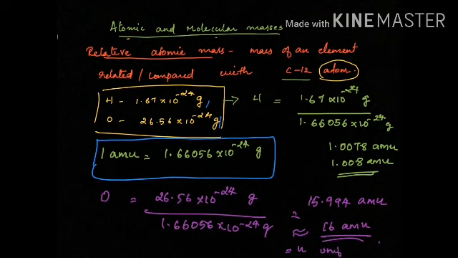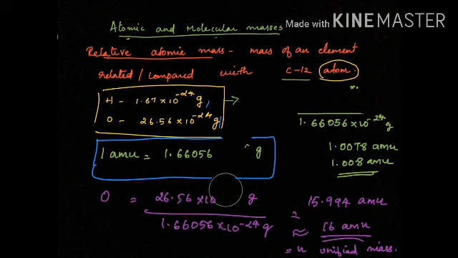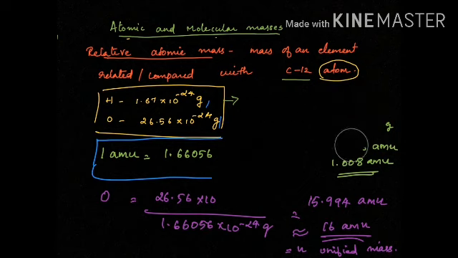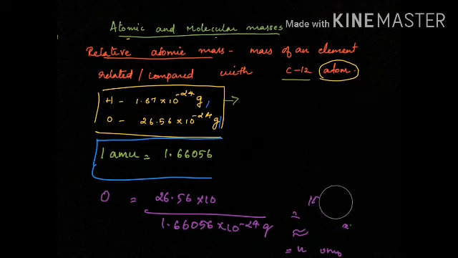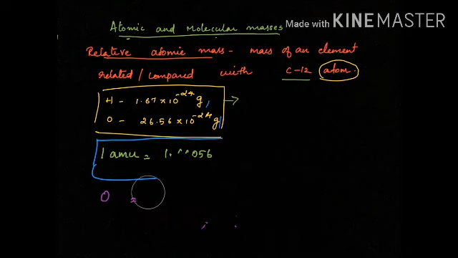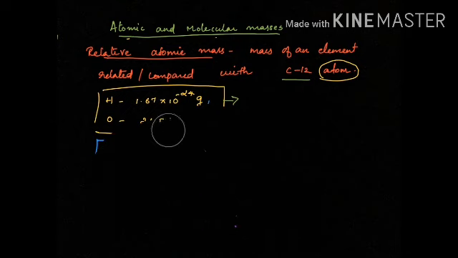It is the unified mass. Nowadays we use the term u to denote the unit of atomic masses. Using this equation we can find out the atomic masses of all the elements in this manner.